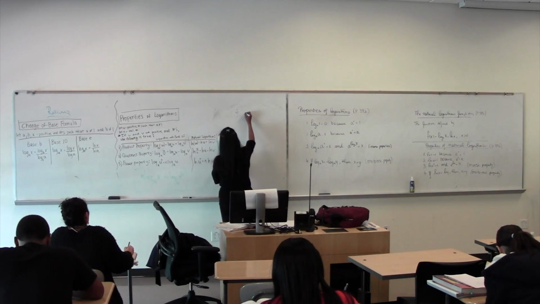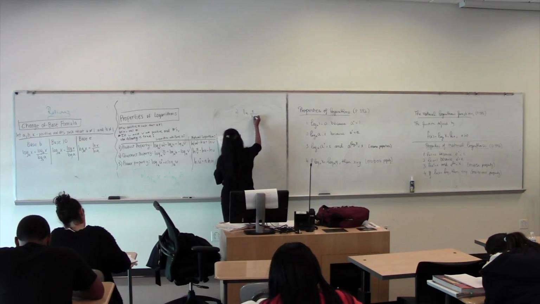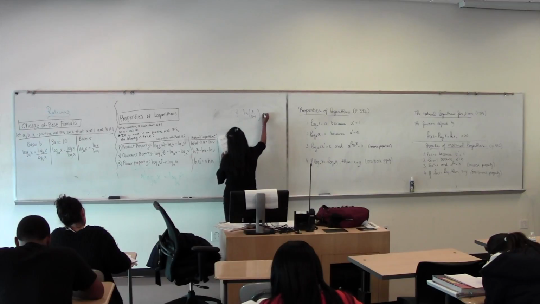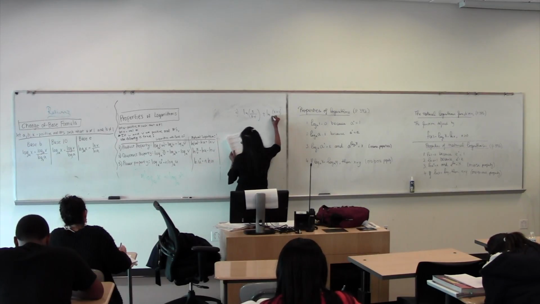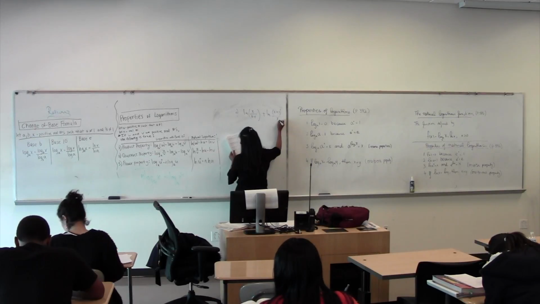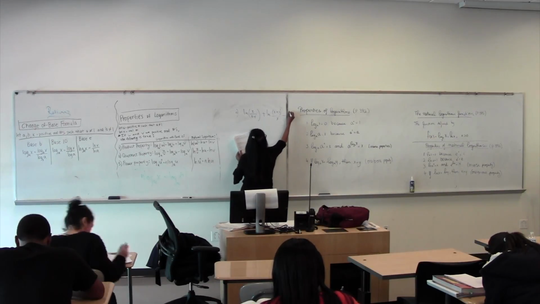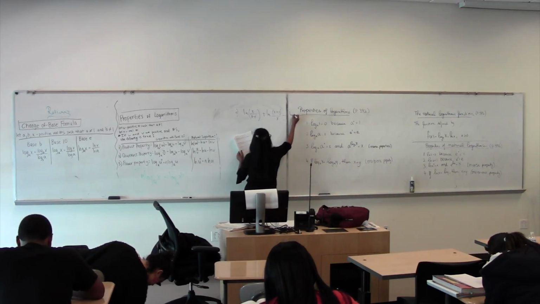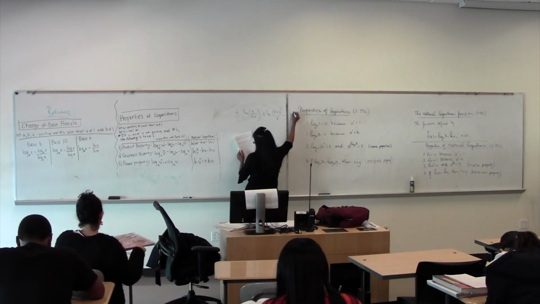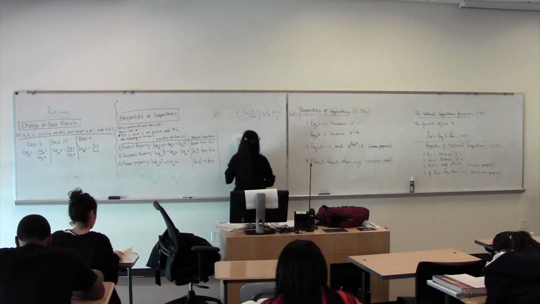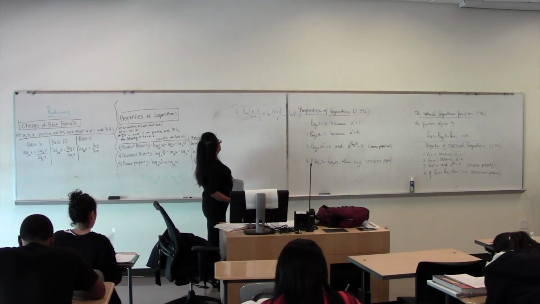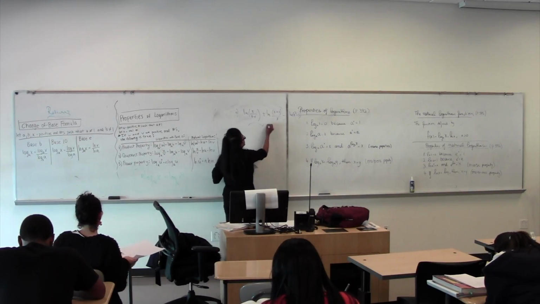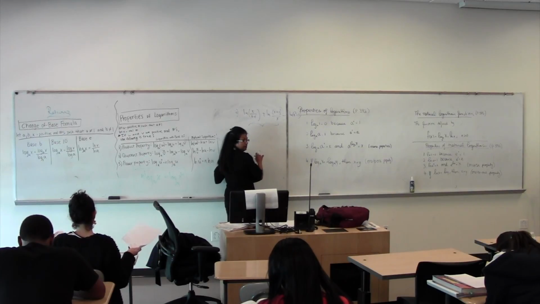There are 3 terms. So ln of x over x minus 1, plus ln of x plus 1 over x, minus ln of x squared minus 1, like this, right? So we can work with ln, this means log base e. So first do these 2, okay?